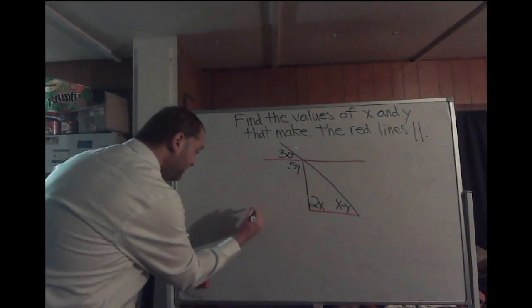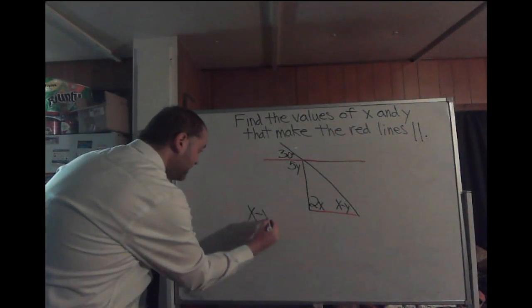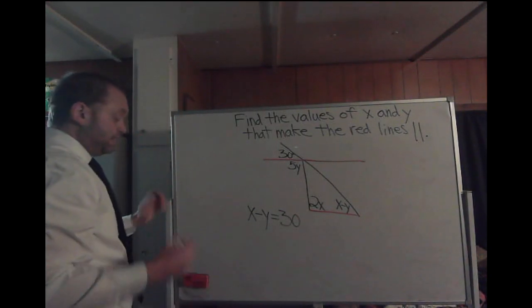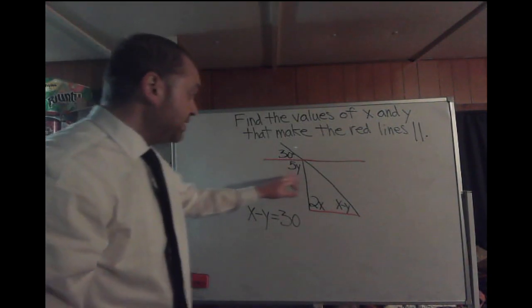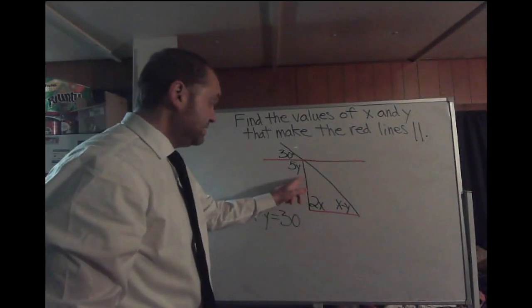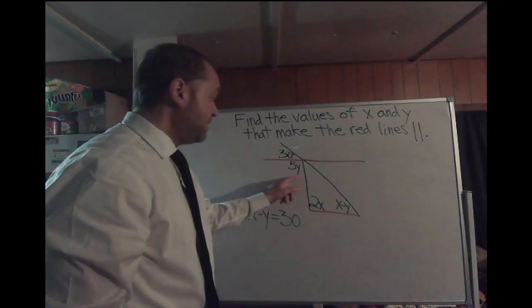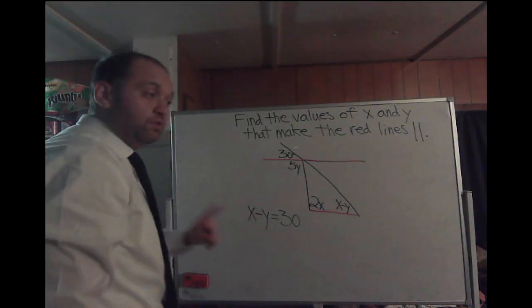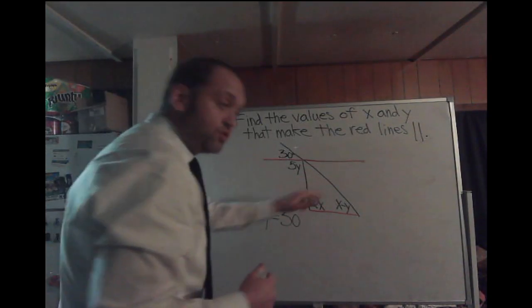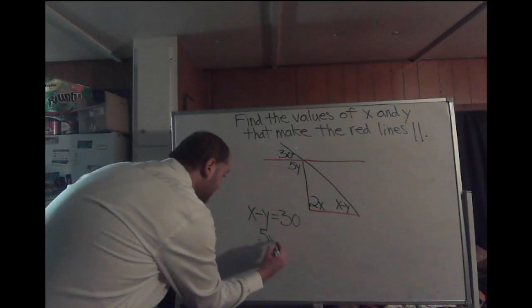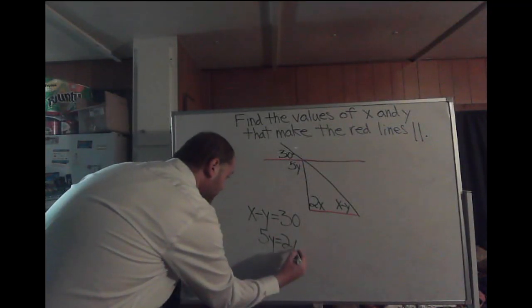So what you'll have is that x minus y equals 30. And then again, if these red lines are parallel, that would mean this line here is a transversal between them, so that would have to mean that 5y equals 2x, because they'd be alternate interior angles. So we could put here that 5y equals 2x.